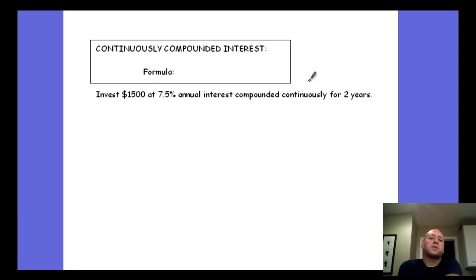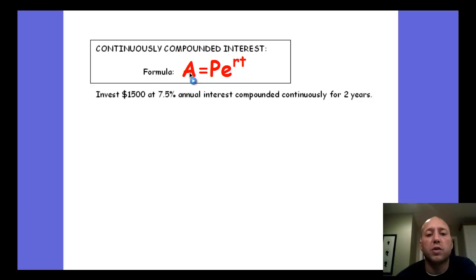So these are the more frequent problems we use with our natural number. The continuous compound interest formula is one you've probably heard of in the past. Some people call it PERT. So it's the amount of money A equals our principal P times e to our rate r times t power. So the variables don't change, just the setup.